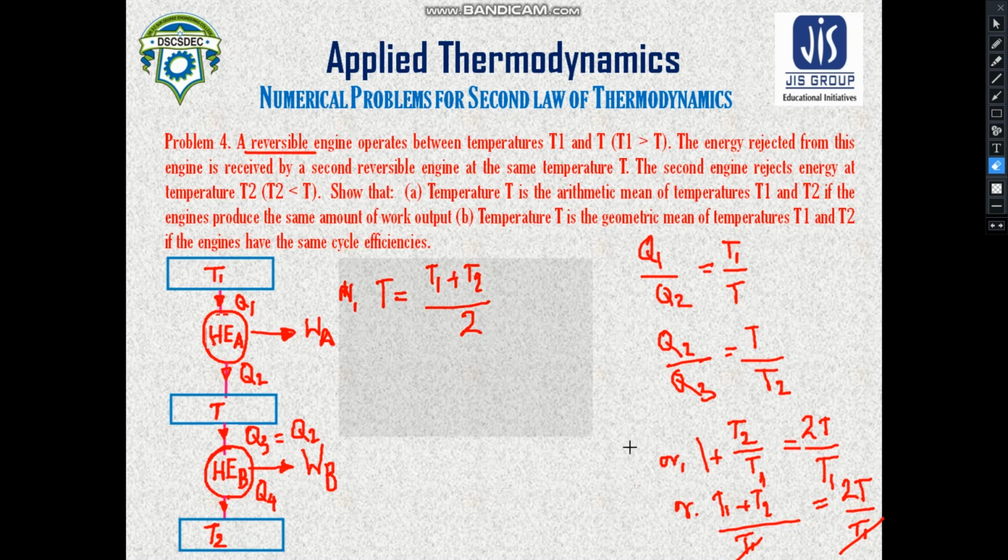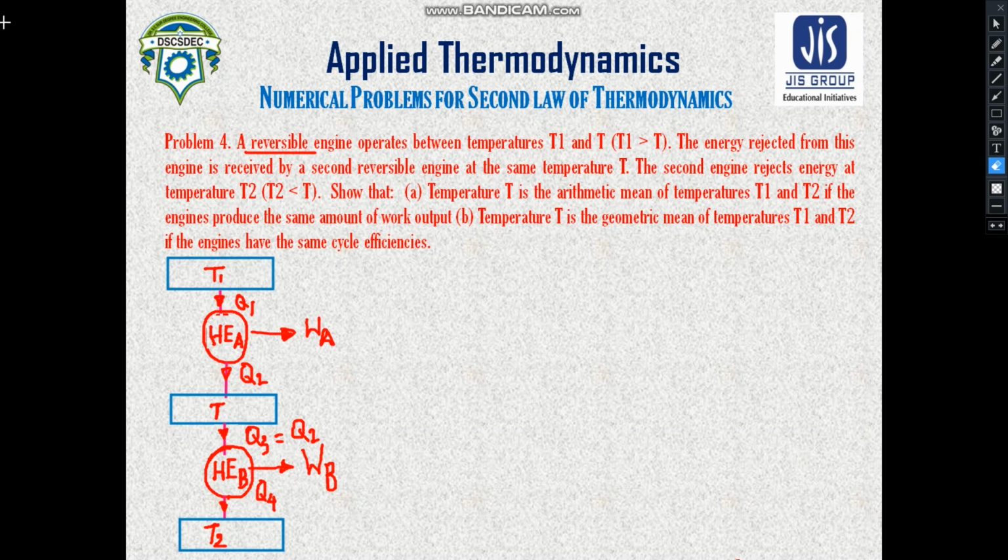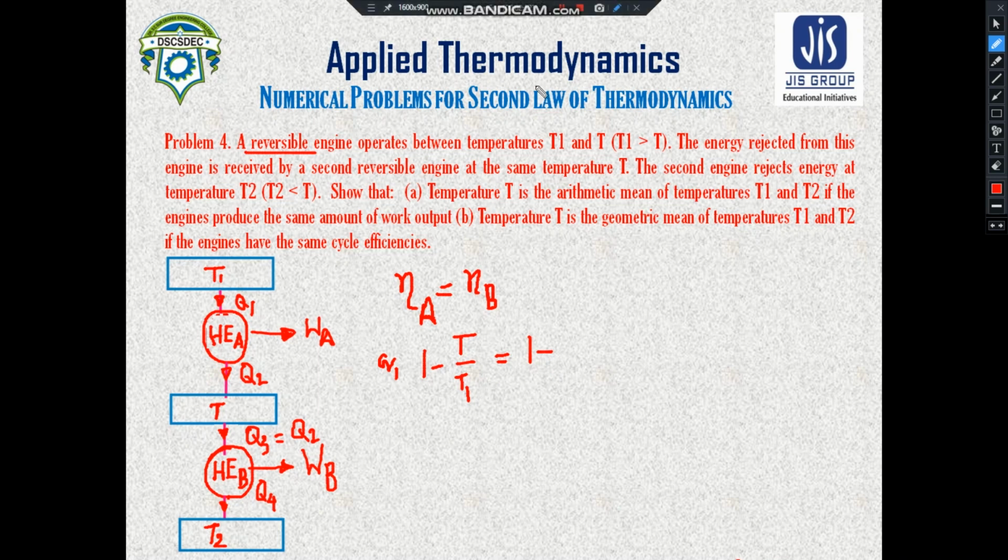Now comes the second part, where it is mentioned that these two engines will have the same cycle efficiency. That means eta A is equal to eta B. So this is very simple. In terms of temperature, how can you write this efficiency? It would be 1 minus T by T1 for reversible heat engine A, and for reversible heat engine B it would be 1 minus T by T2.